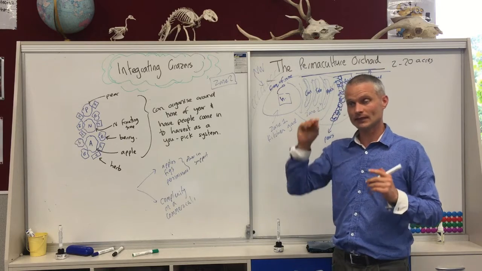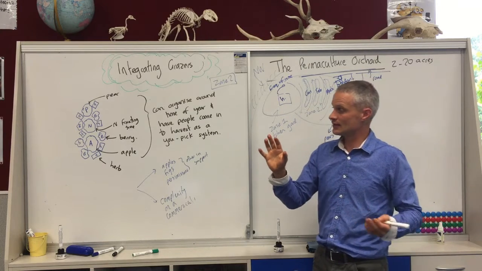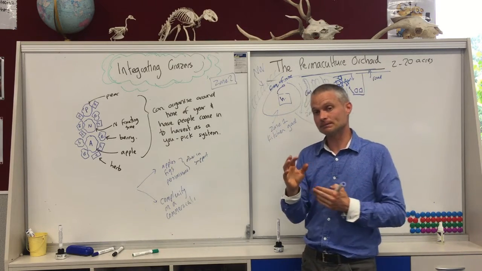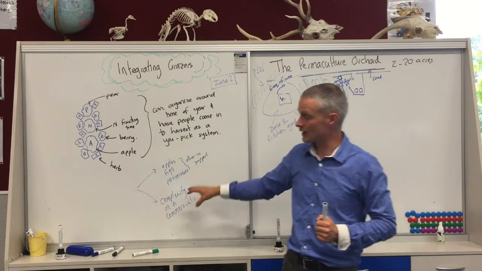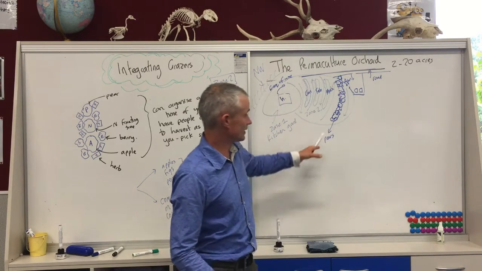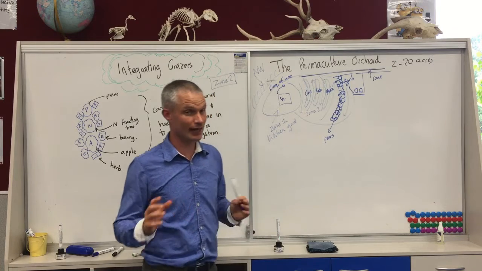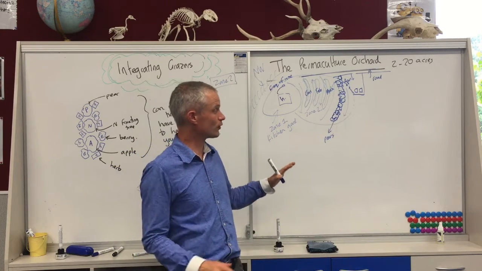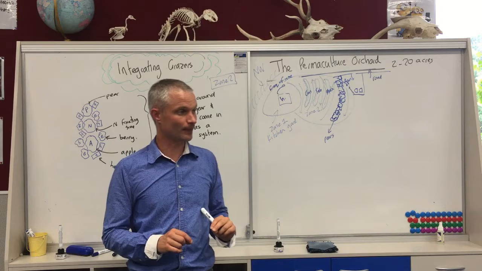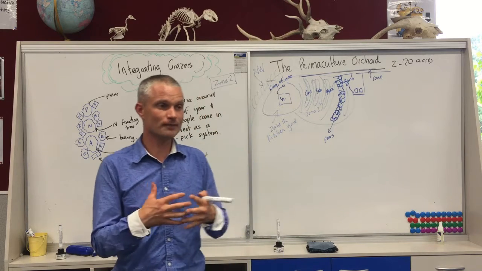So between the guild complexity, the grazing management, the type of production, its placement in relationship to the house, and access and natural topography, it's fitting all the pieces together.